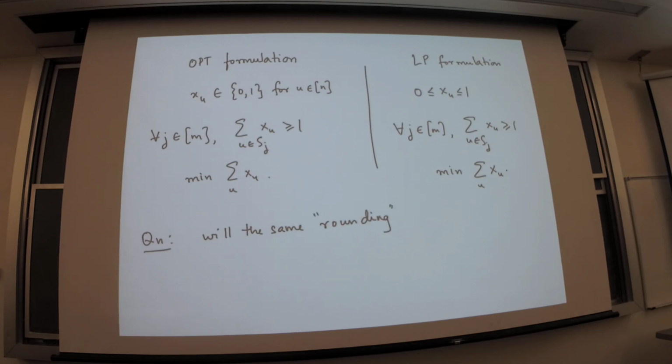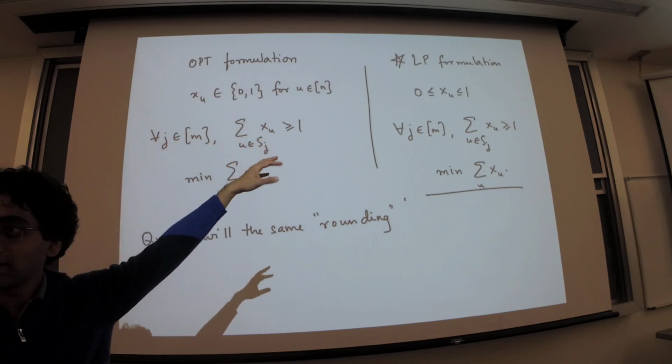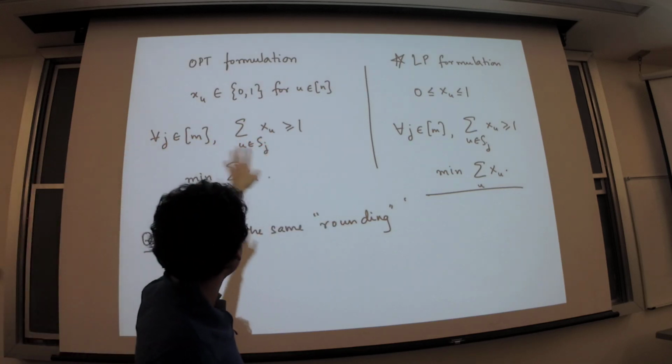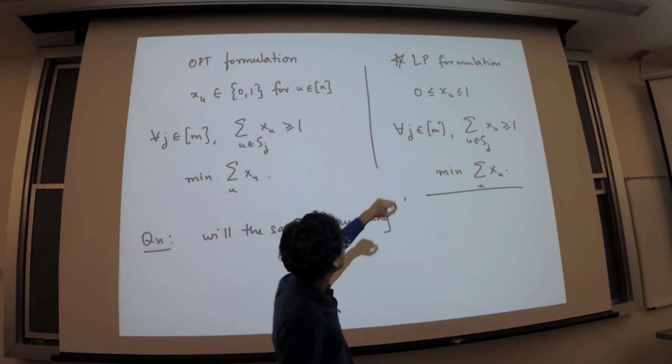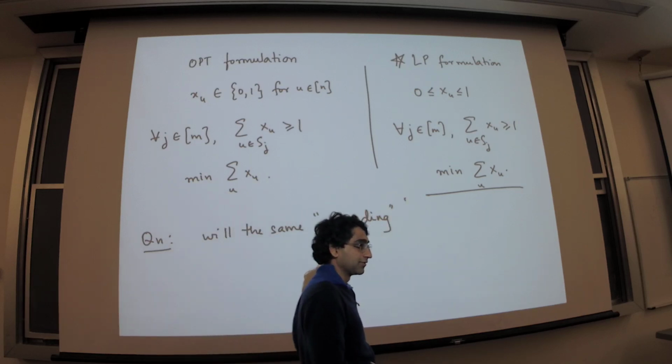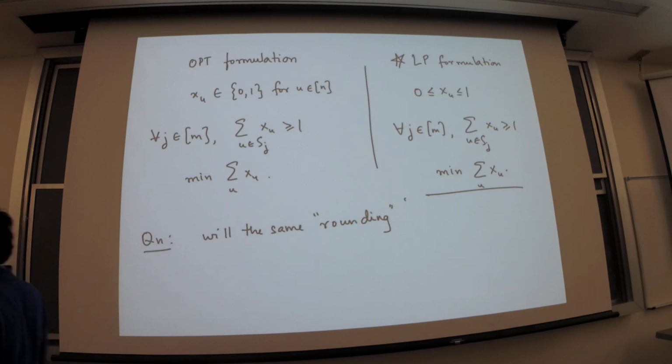Remember in rounding you want to go from a solution to the LP, which is potentially fractional, and you'd like to come up with a solution whose values are all 0 or 1. So will the same rounding work? That is, you set yu equals 1.